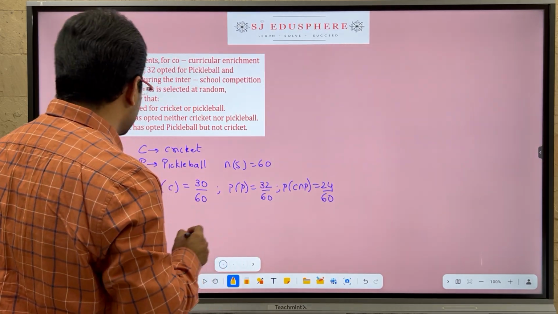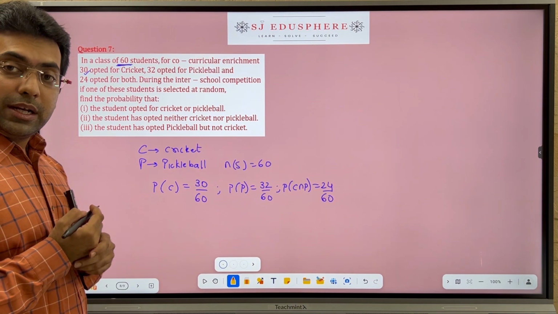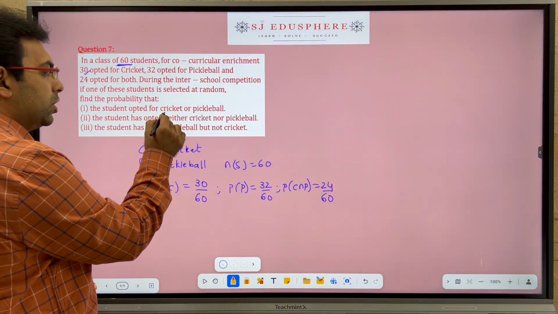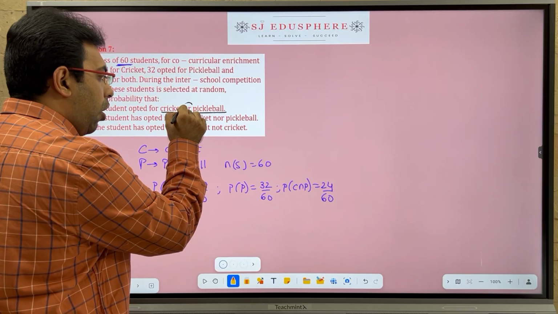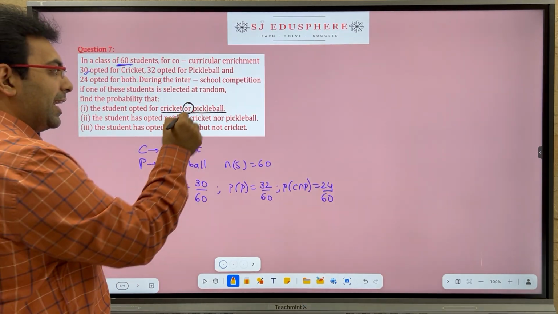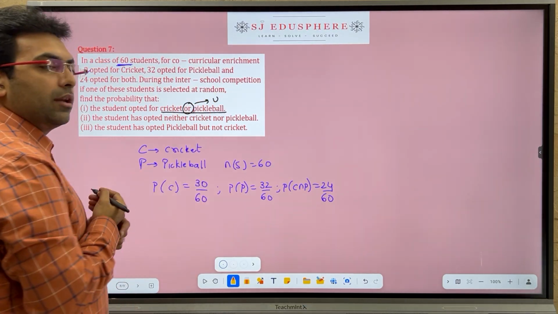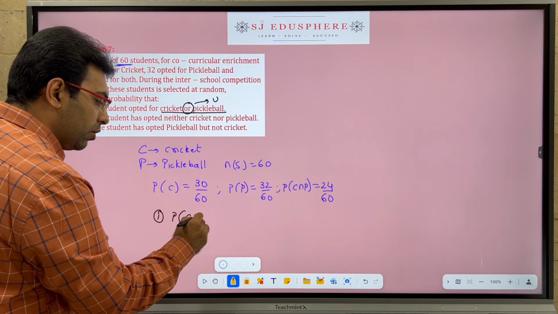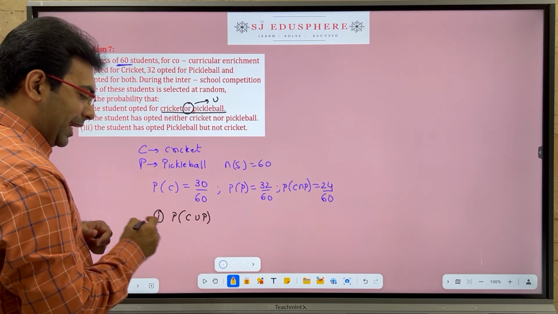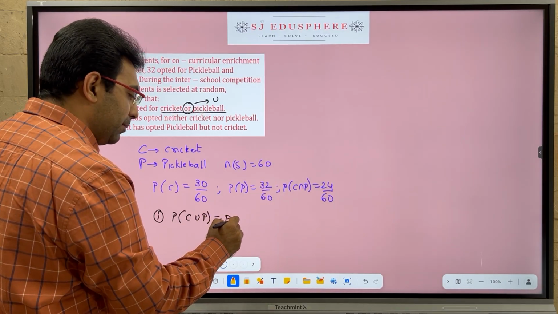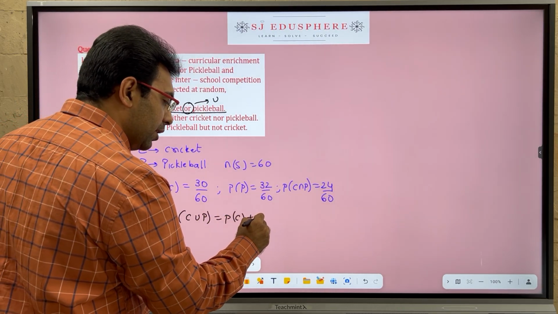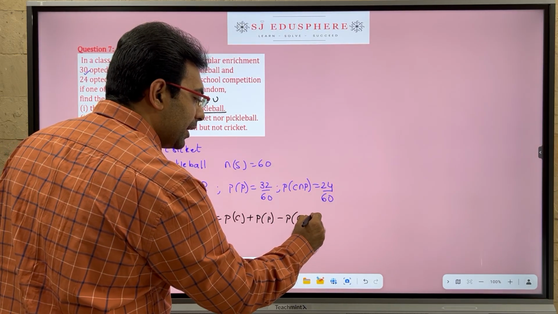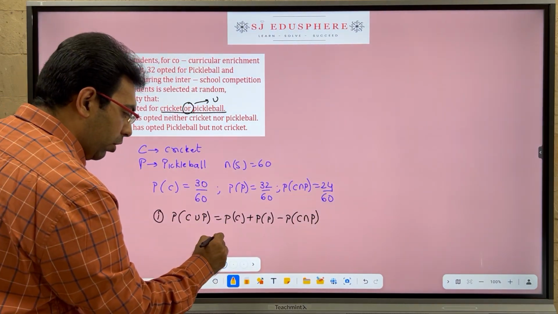Now, what does my question say? A student is selected at random. Find the probability the student opted for cricket or pickleball. When I say or, I use union. So, that will be probability cricket plus probability pickleball minus probability cricket intersection pickleball.